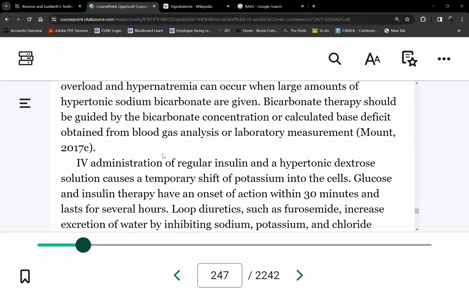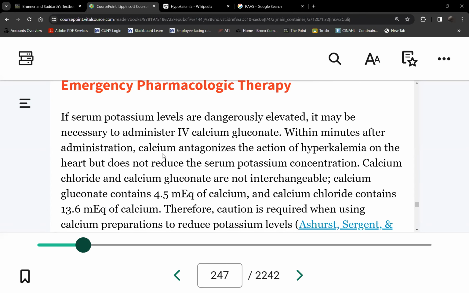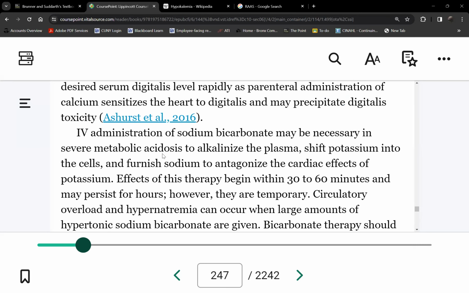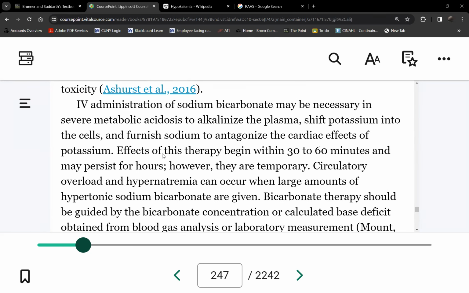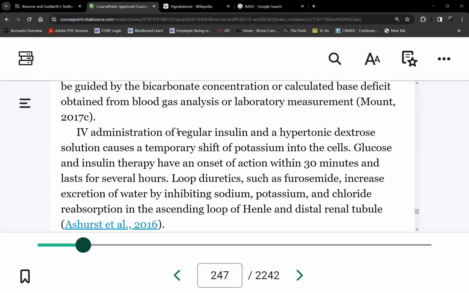So when you have hyperkalemia, expect these orders. In severe hyperkalemia, you'll see IV calcium gluconate, IV sodium bicarb, IV dextrose with the IV regular insulin. Now, the only type of insulin given for hyperkalemia is regular, because no other insulin can be given IV, only regular.